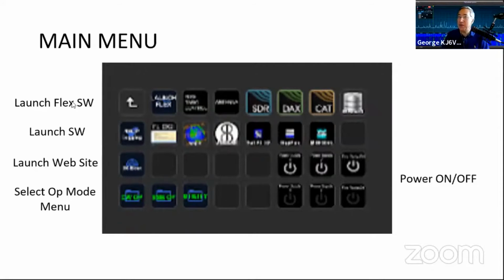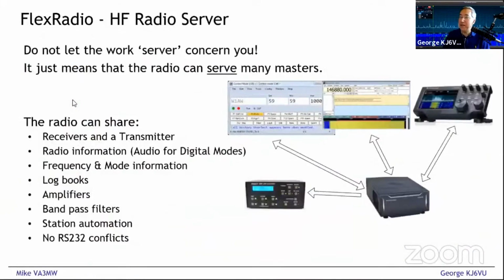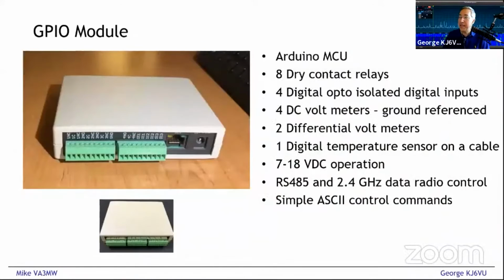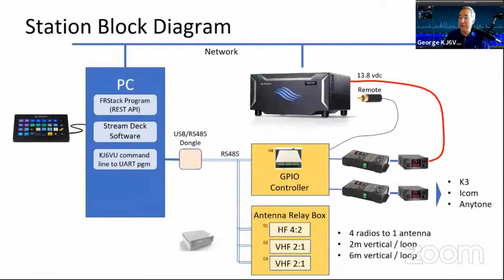So if I go back to the beginning here of the station diagram, what's actually happening is you see the Streamdeck on the left-hand side. When you press a button, that launches a little tiny program that sends an ASCII control code out one of the COM ports of the PC.